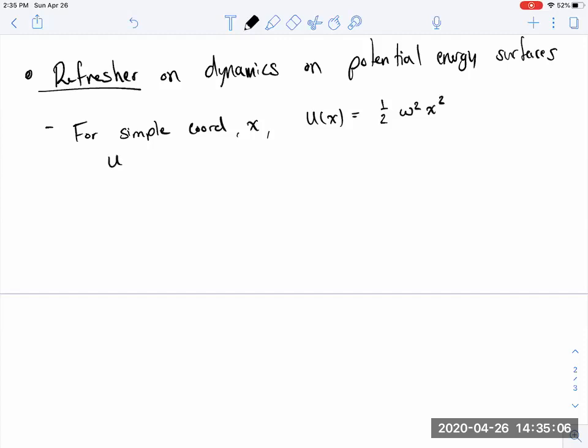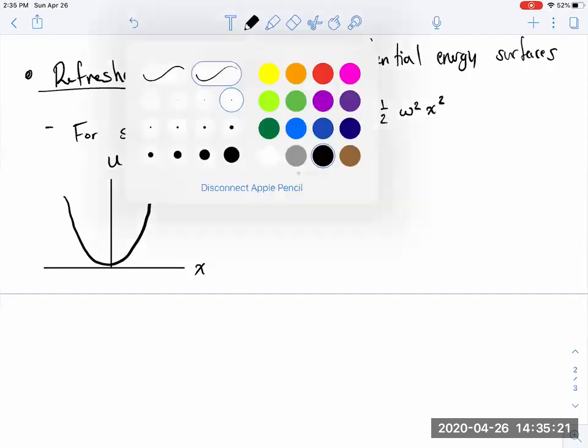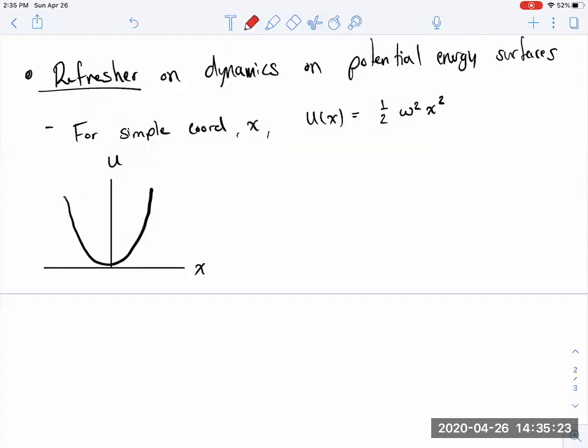So if we were going to sketch out that potential energy as a function of x, it would just look like that. Right? So now if we were going to imagine how a ball bearing moved on that potential energy surface. So we have some ball, if we're going to place it there, say at some height on that surface, what would the subsequent motion look like?